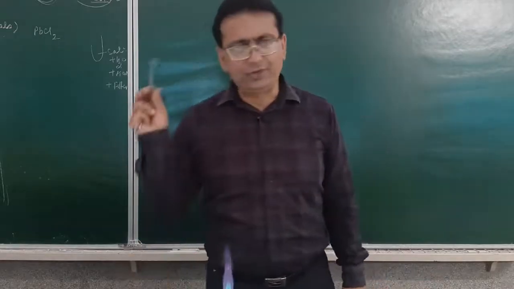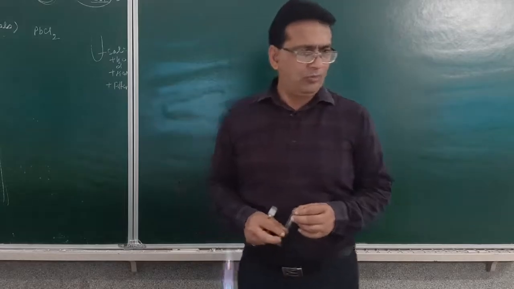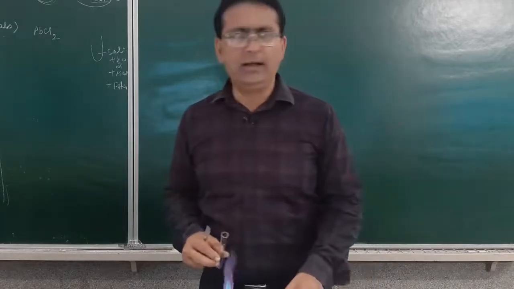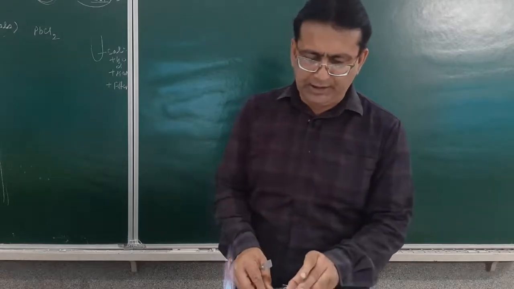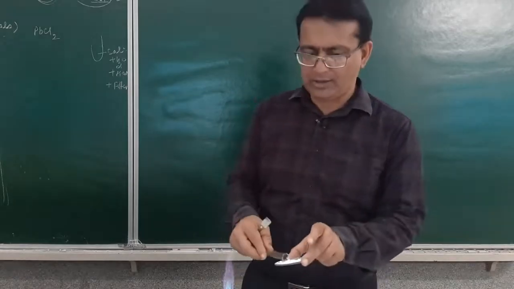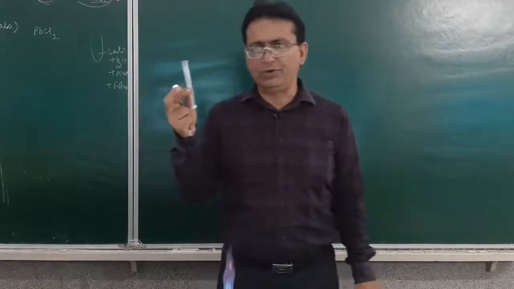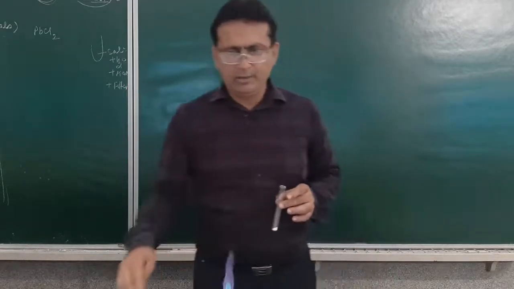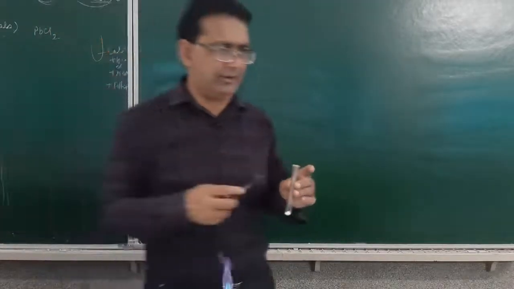Now we take a test tube. In this test tube, we will take a nitrate salt. Am I clear? Is it getting clear to you or not? Then we will hold this with the test tube holder.